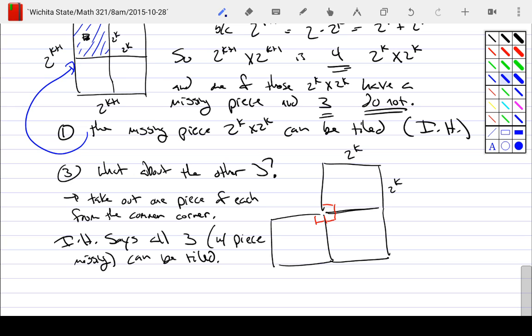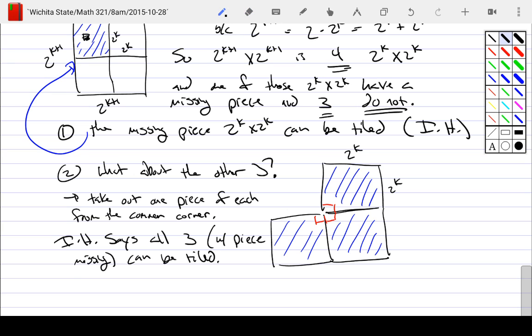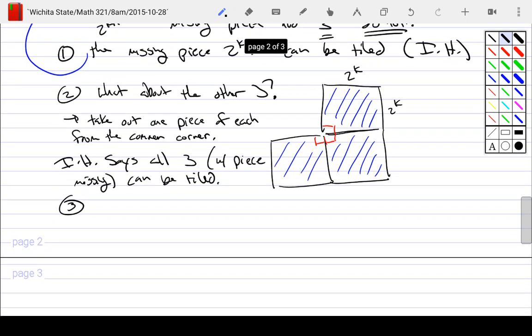So then what you've done is you've tiled everything else except for the red. And so there's one last thing for me to do, and that shouldn't have been the number 3. That's number 2. And what would be the third thing that you would do to finish this proof off? You would just simply drop one L-shaped piece on the shared corner. Good to go.